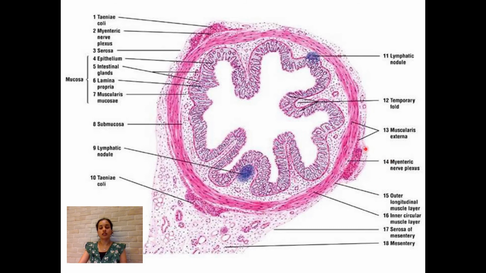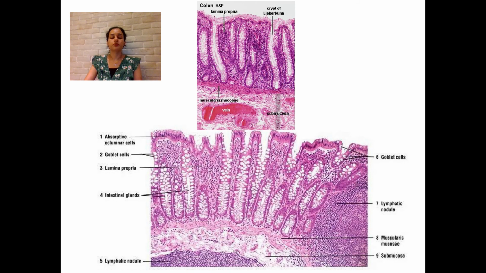And there are the submucosal plexus and the myenteric plexus, the Auerbach's plexus, which are present in the muscularis externa area. You can see lots of goblet cells, the pale areas here. These are the intestinal glands, the intestinal crypts, having lots of goblet cells.